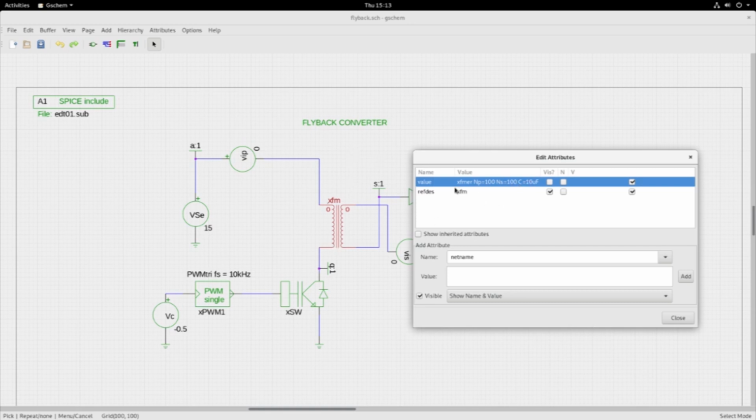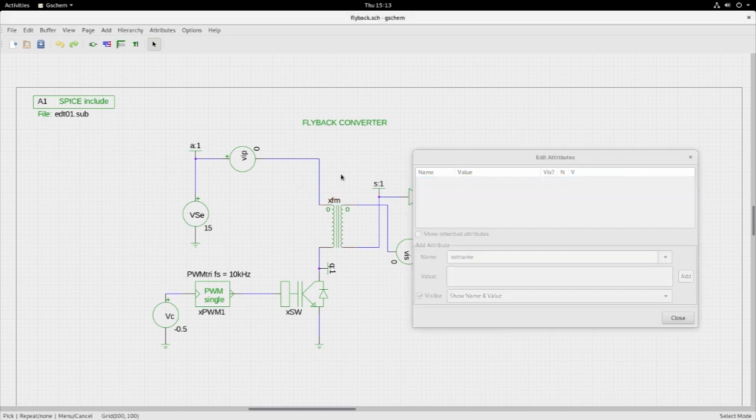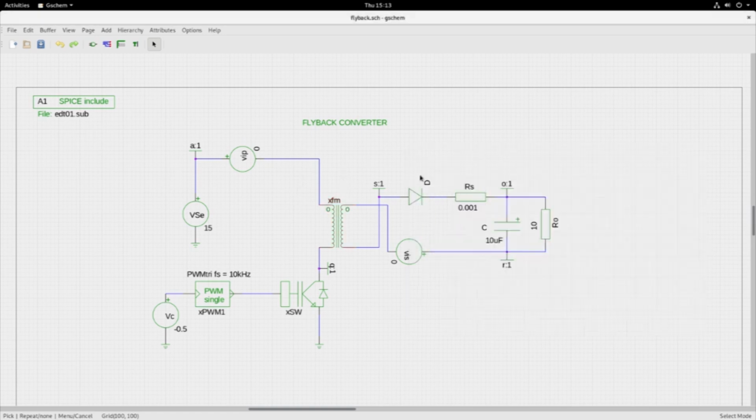The model XFMER, we have seen that, the electromagnetic transformer, and the model for the transformer is located in edt01.sub, and all these files are included in the resources section, which you can open and see and test. So now let us look at the simulation of this flyback converter.